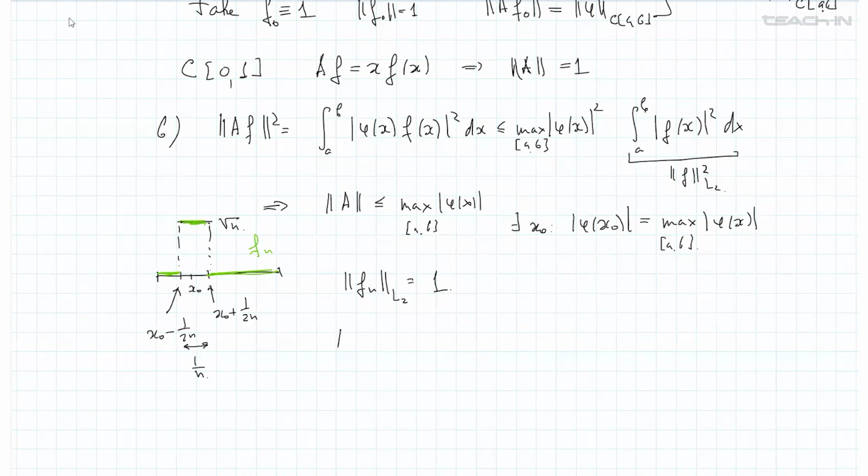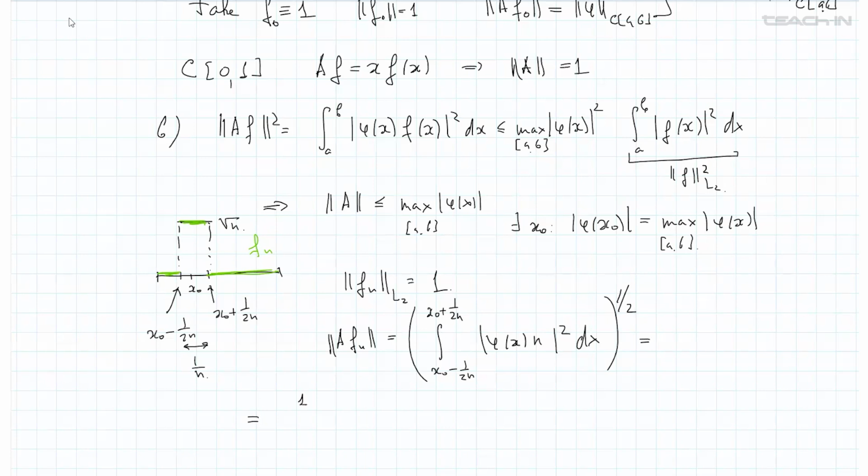And then calculate the norm of A f_n. It is the integral from x0 minus 1 over 2n to x0 plus 1 over 2n of phi of x, not the norm but the absolute value, squared, dx, the Lebesgue measure, classical, times n. What can you say about this integral? I just rewrite it in the following form.